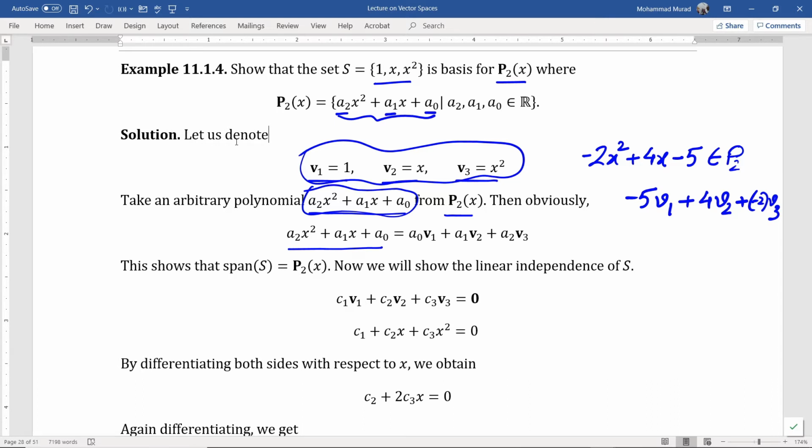Therefore, any polynomial from the vector space P sub 2 can be written as a linear combination of the vectors in the set S.